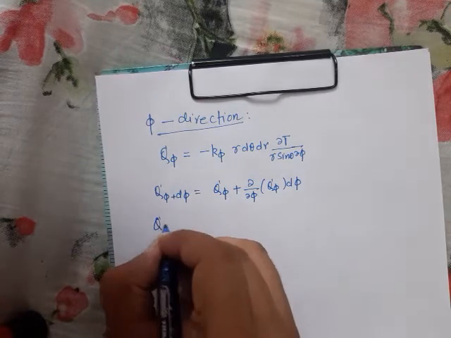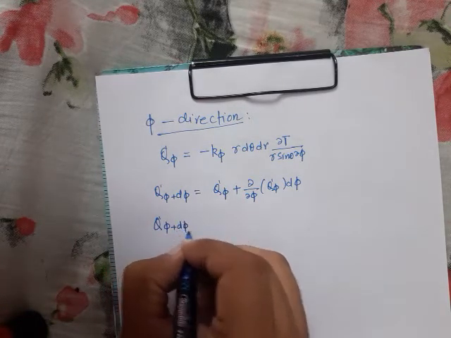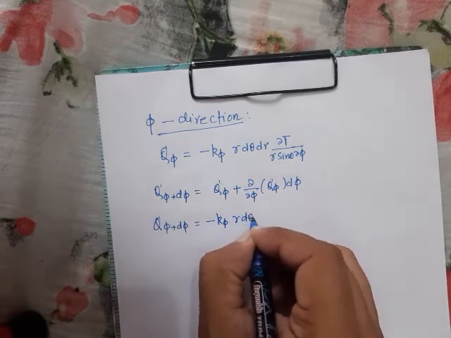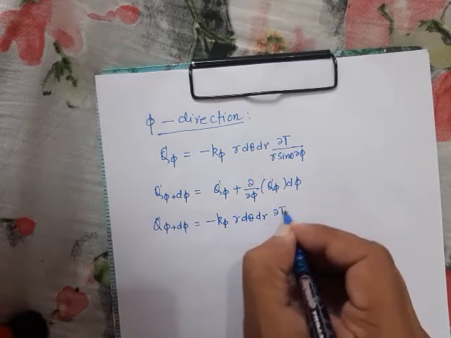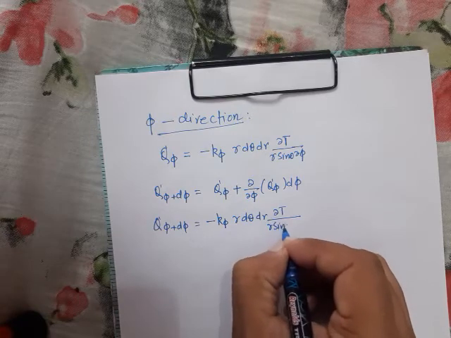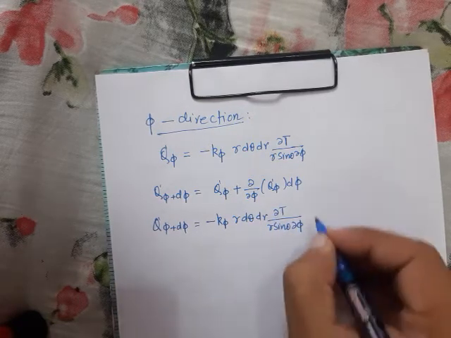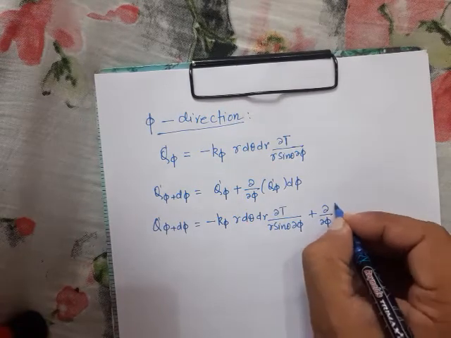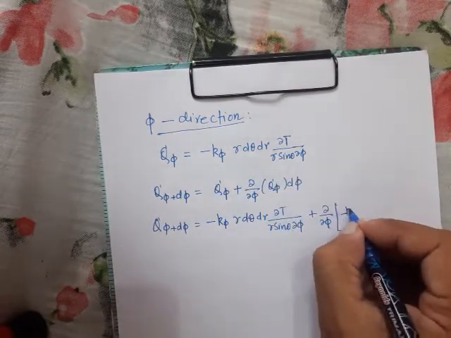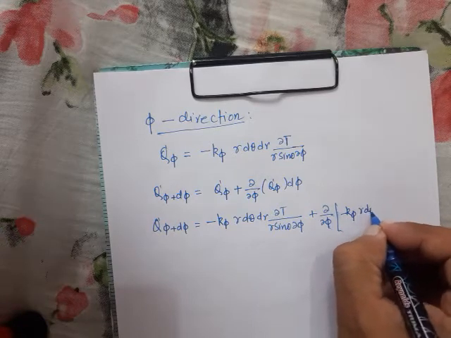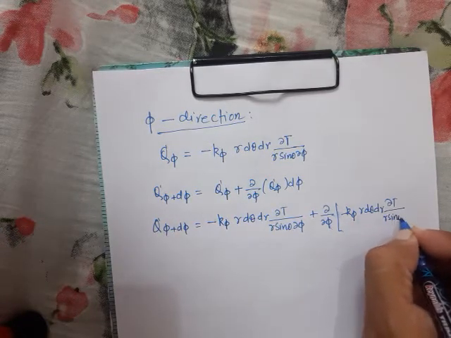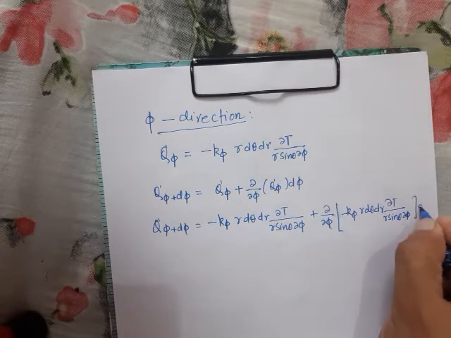So Q_(phi+dphi) would be equal to minus k_phi r d theta dr del T upon r sin theta del phi, plus del upon del phi of Q_phi, which is minus k_phi r d theta dr del T upon r sin theta del phi, times d phi.